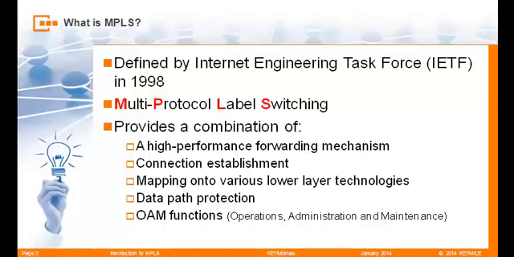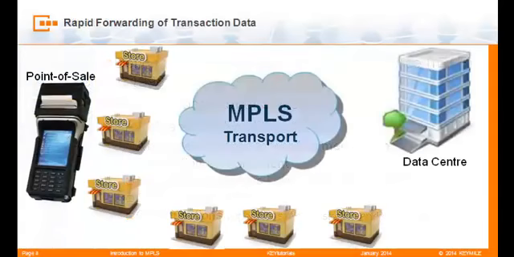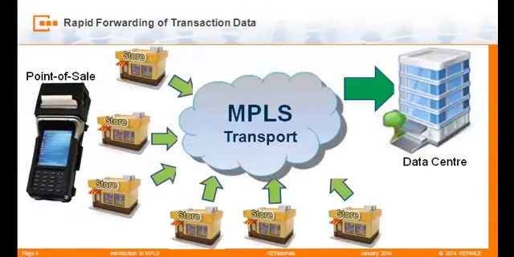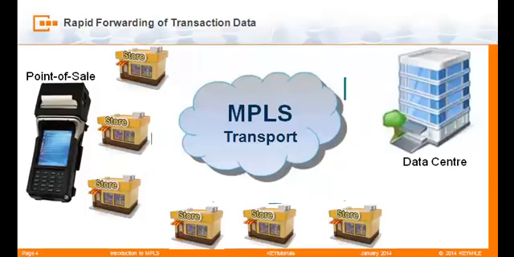Now, a typical requirement for MPLS transport might be in the retail sector, where constant use of point of sale devices requires transaction data to be carried rapidly to the processing data center. Today, many applications for MPLS are within the VPN, or Virtual Private Network.